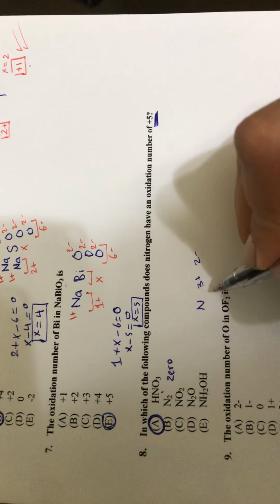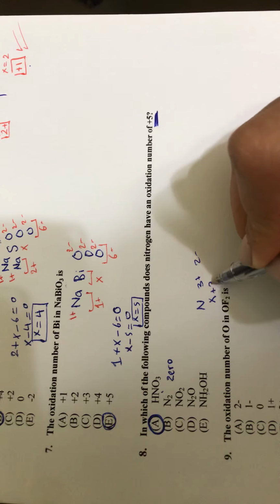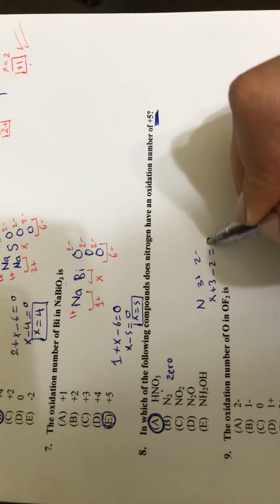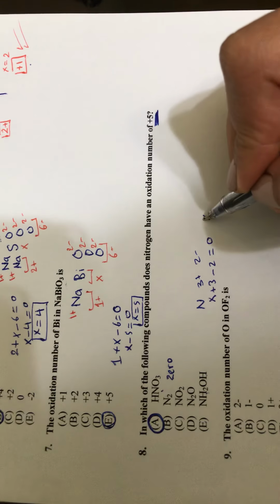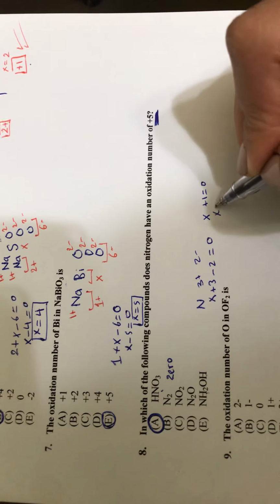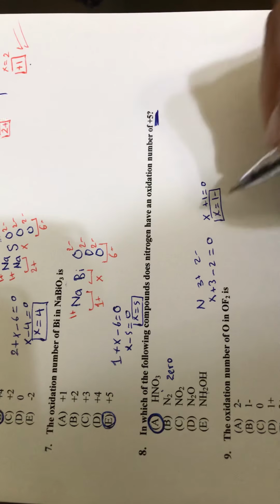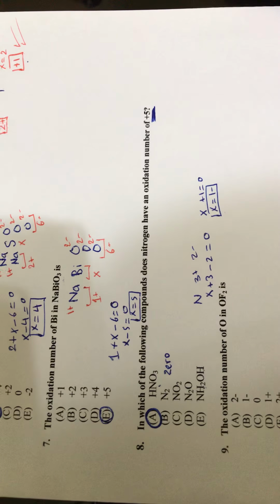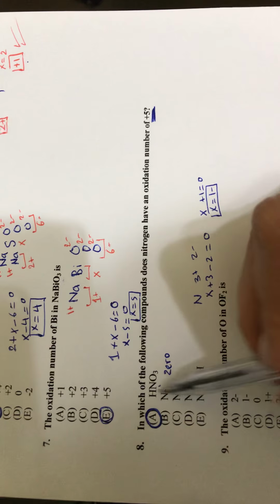So x plus 3 minus 2 equals 0. So x plus 1 equals 0. So the charge is -1 for nitrogen. So the answer is A.